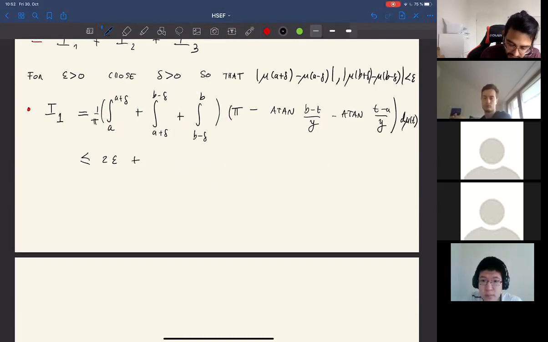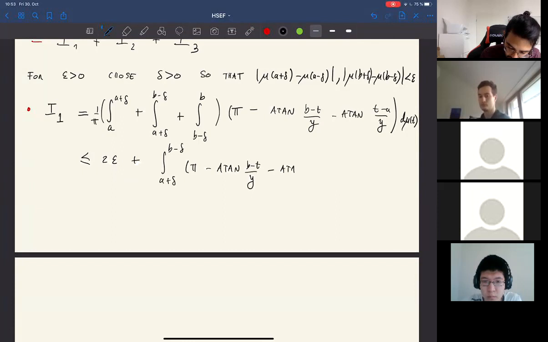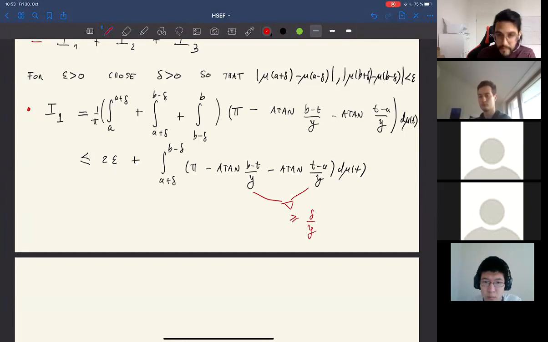Okay, and then I have the integral in the middle. And for this one, I can do the argument I just said, because now each one of these guys, this one and this guy, are both greater or equal than delta over y.